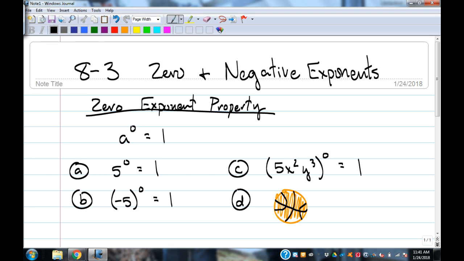What is that? It's a basketball to the zero power. Anything to the zero power is 1. It's not multiplied, it's an exponent.